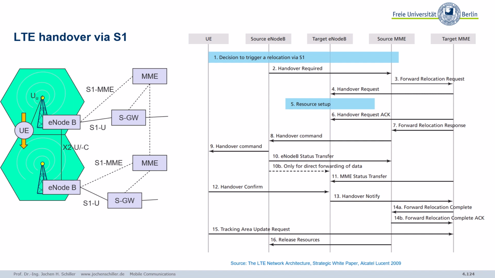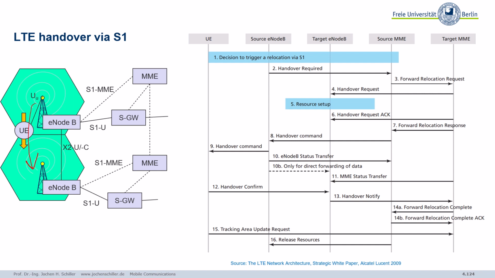There are two different handover schemes shown here in the slides. So we move from one eNodeB to another one. And now the UEs, the mobile stations, perform measurements of the signals as we're used to from the other standards.